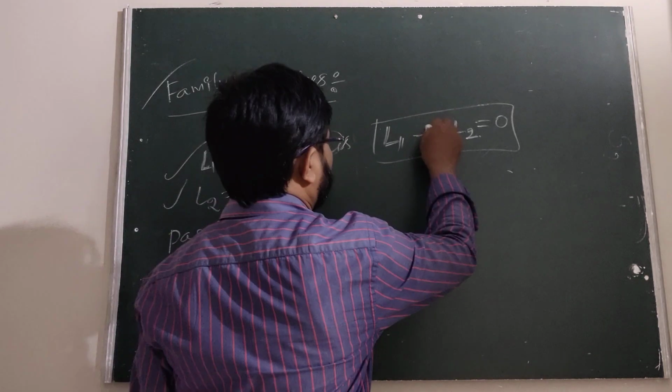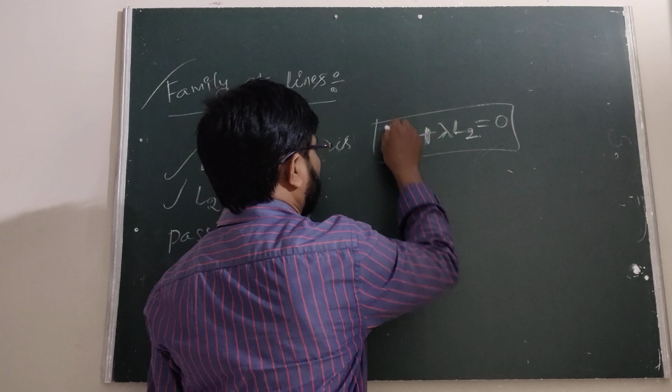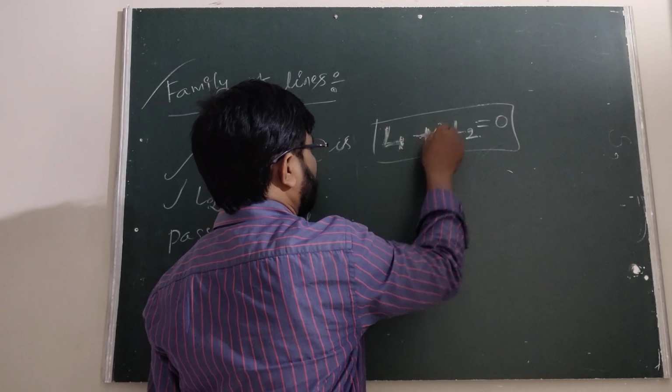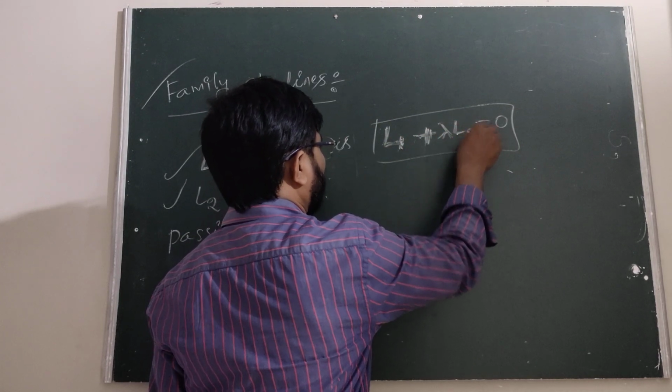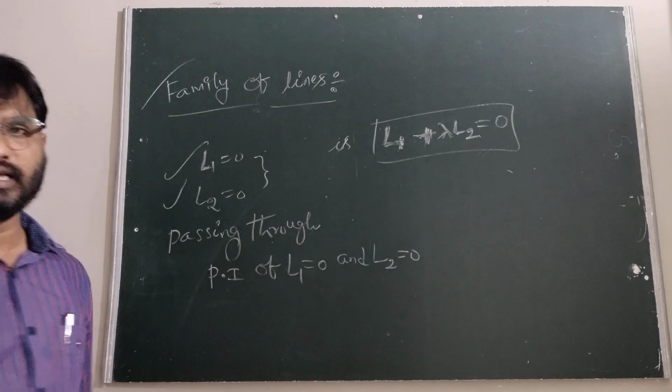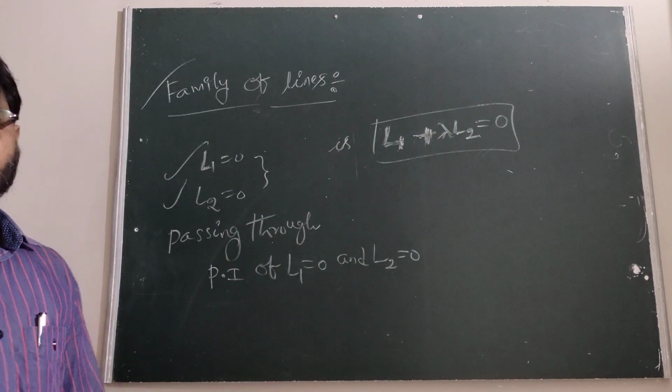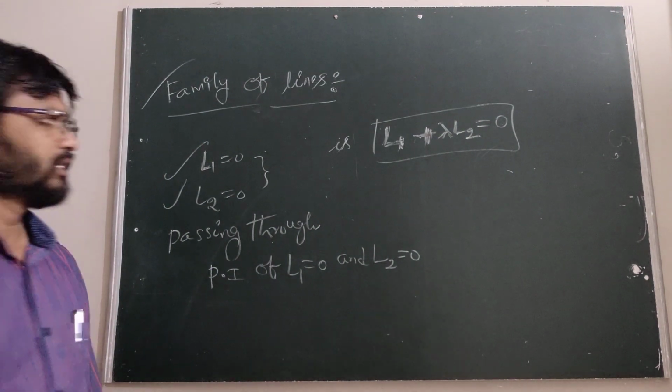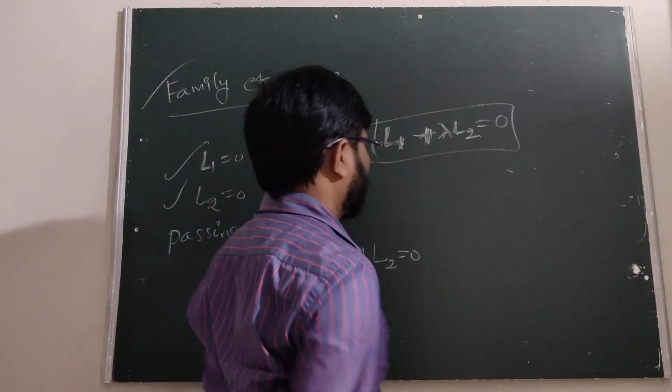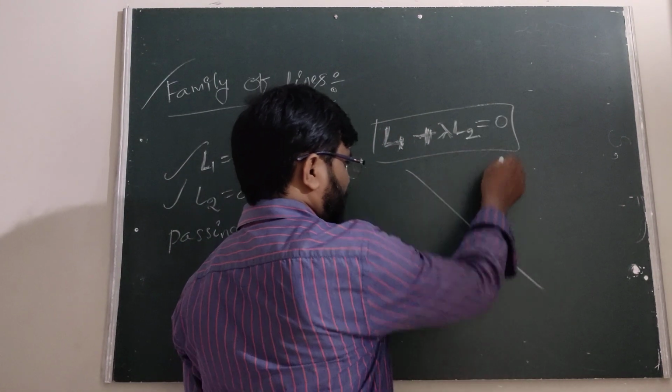All of you listen here: L1 plus lambda L2 represents the family of lines. Suppose L1 equal to 0 and L2 equal to 0.